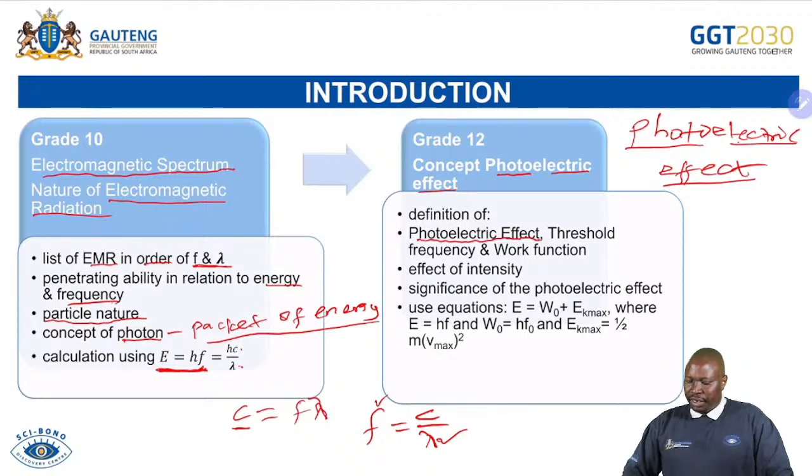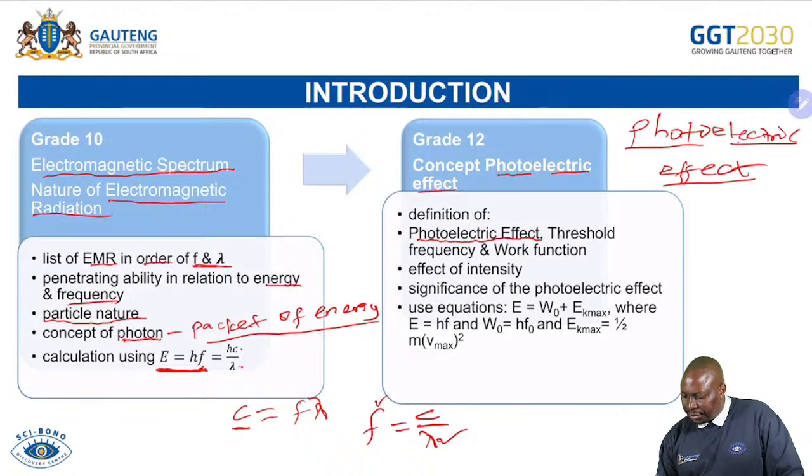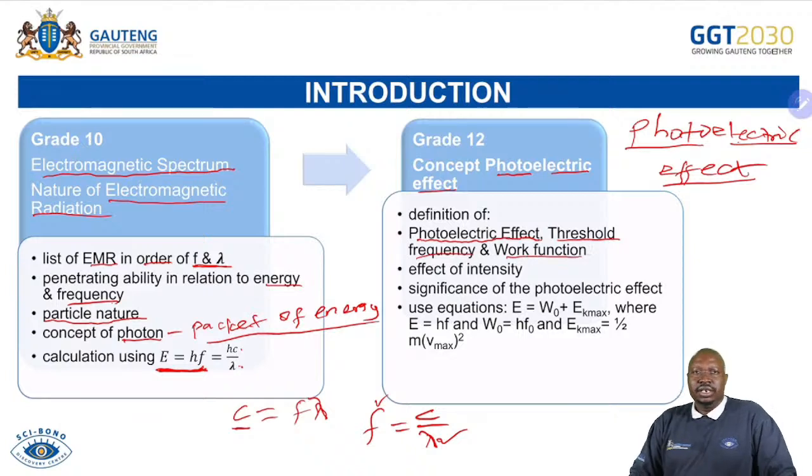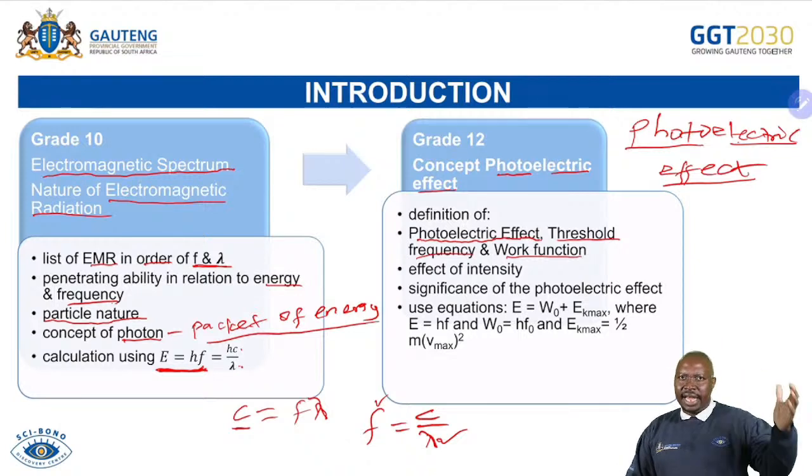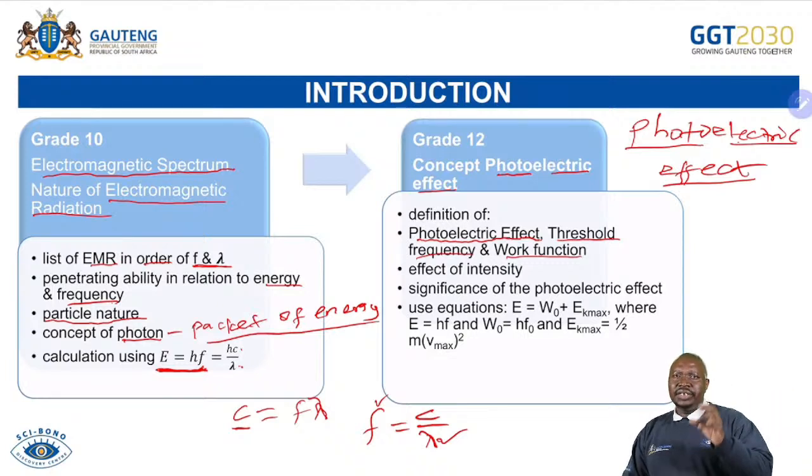So three important definitions are photoelectric effect, threshold frequency, and work function. So you have to know those three. Already I've defined a photon for you, to say a photon is like a packet of energy. So we're saying light has photons, and these photons are packets of energy.